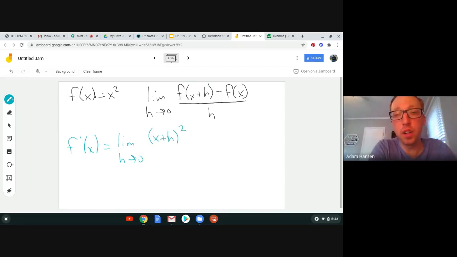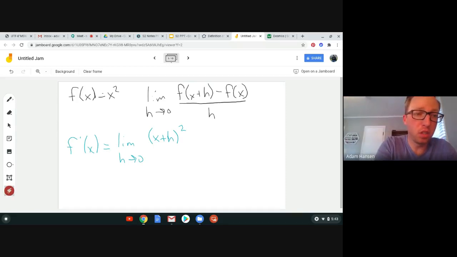Rather than x squared, f of x plus h would be quantity x plus h squared. We substitute x plus h into our function. F of x plus h is given as x plus h quantity squared. Now we need to subtract off f of x. Well, f of x is equal to x squared, all divided by h.